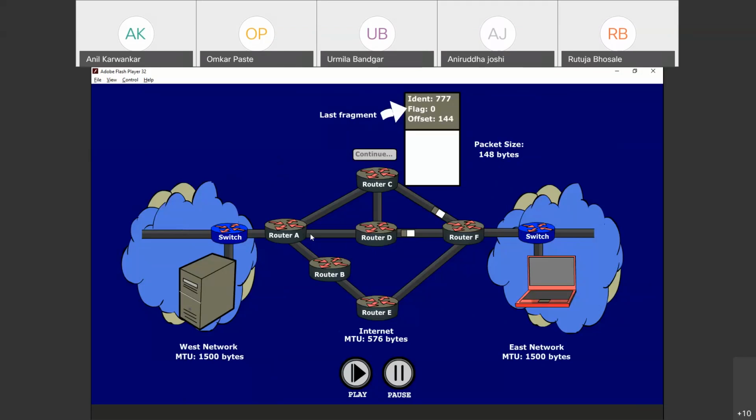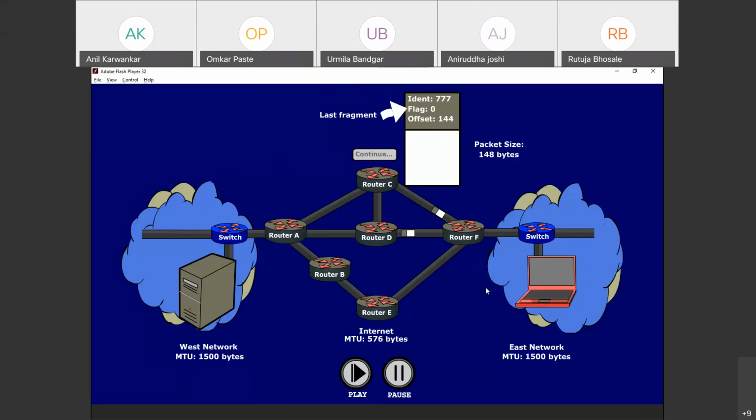It can be any different size depending on how the router F fragments that particular packet. But the packet cannot be transmitted above the maximum transmitting unit. So it's dividing into three different packets. One packet of 148 bytes will have a path from laptop to switch to F to router C to router A and to the destination, that is the west network.